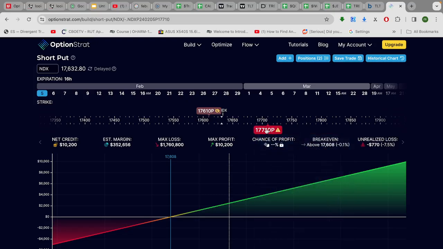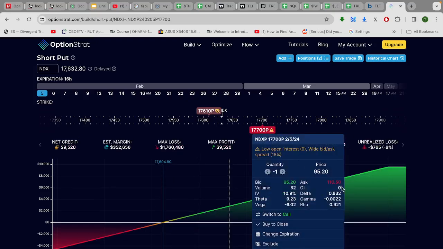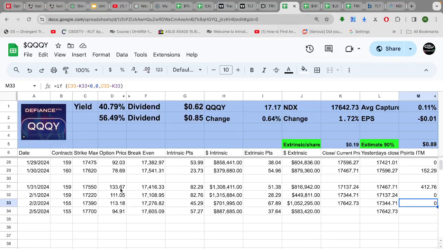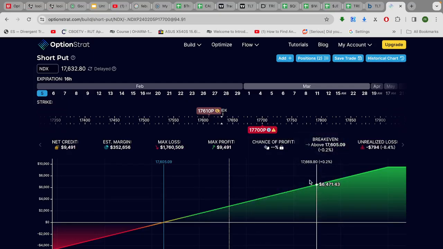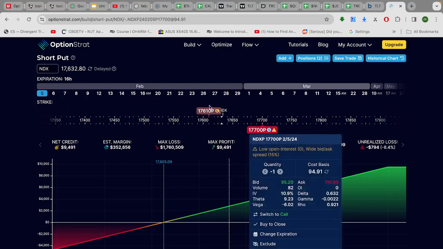What was it? It was 17,700, right? Yeah, it was this one. 63 delta. 17.7, it's okay for 94.91. So the price is 94.91. All right, so this is Defiance's trade. They don't have this one on. I have that one blocked out.